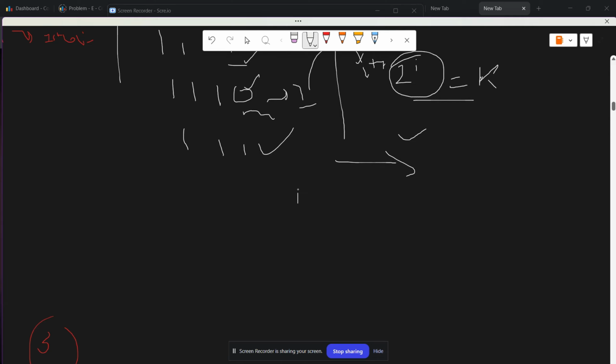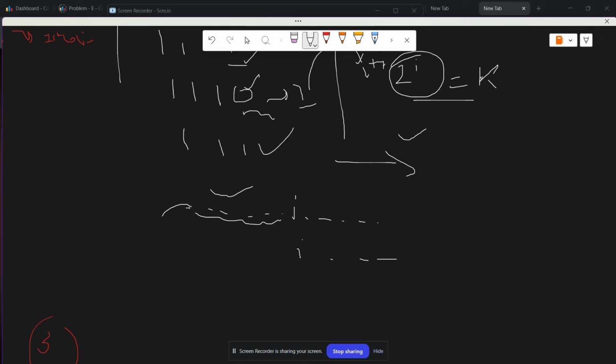Let's suppose I have the binary representations. What will they look like? I don't care about what is after the ith position in any of the binary representations, and I also don't care about what is before, each for a different reason.